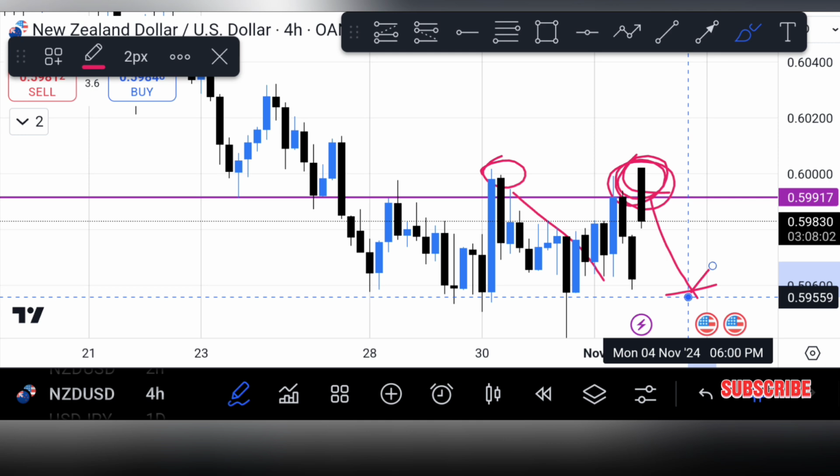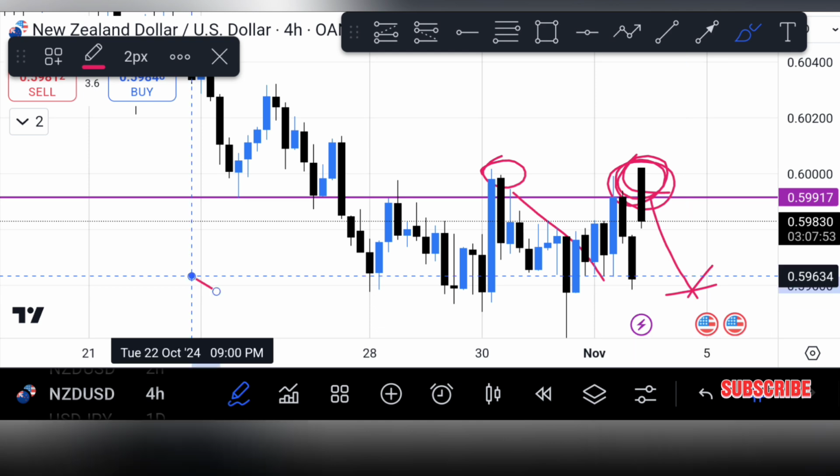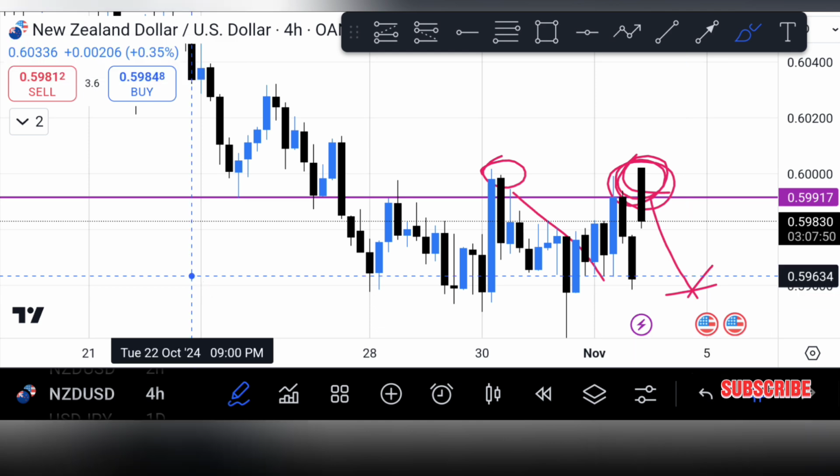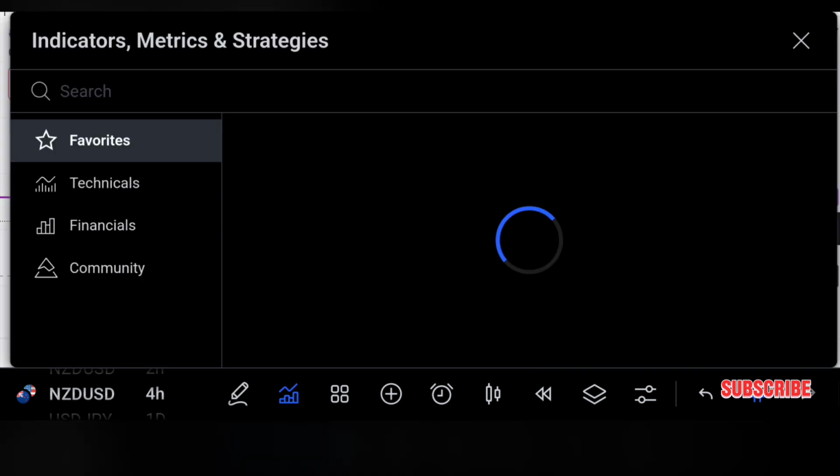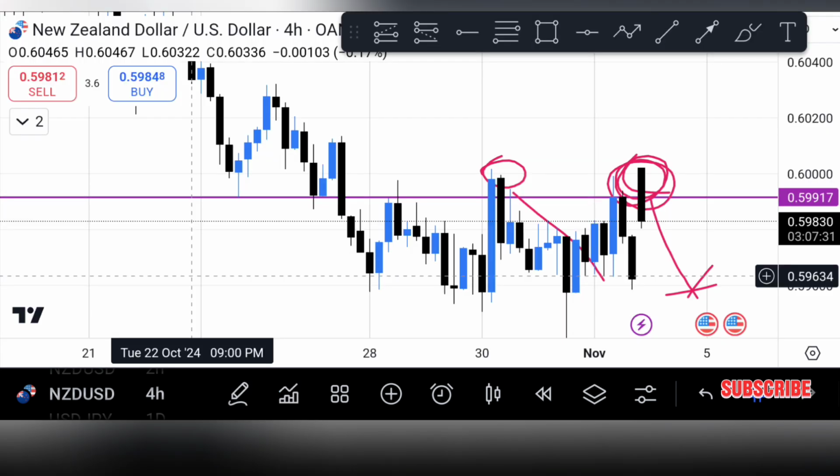Okay, so we've talked about break of structure, change of character, liquidity, which is the buy stop liquidity and the sell stop liquidity, and now the stop hands.